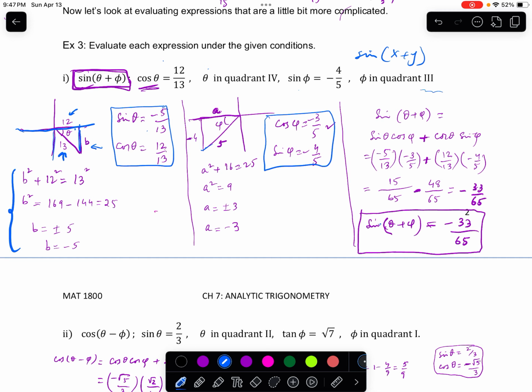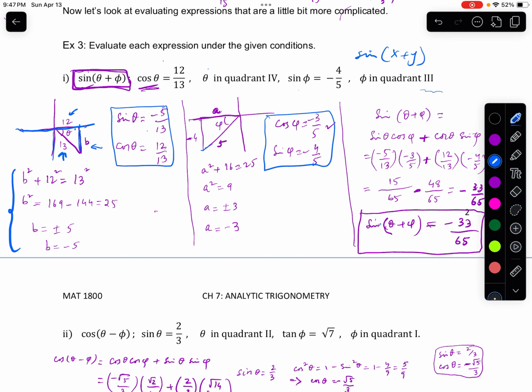So I drew phi in the third quadrant over here. This is phi, and sine is negative 4 over 5. Sine is opposite over hypotenuse.